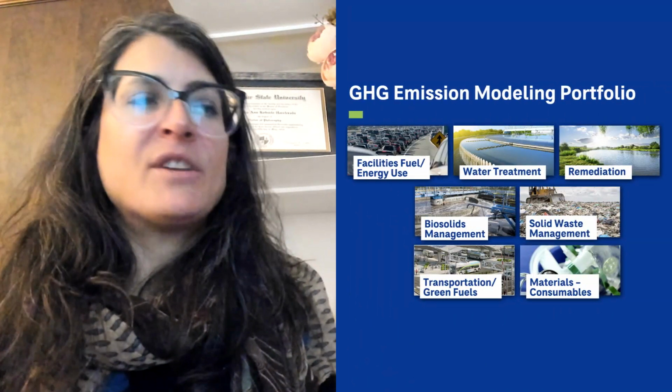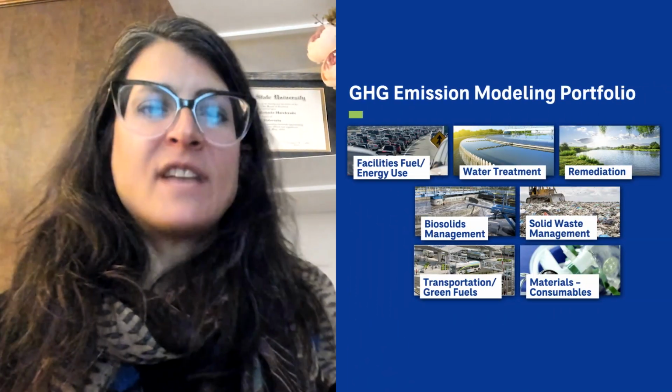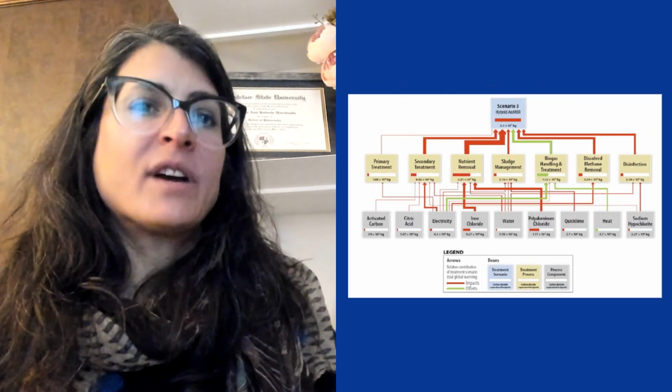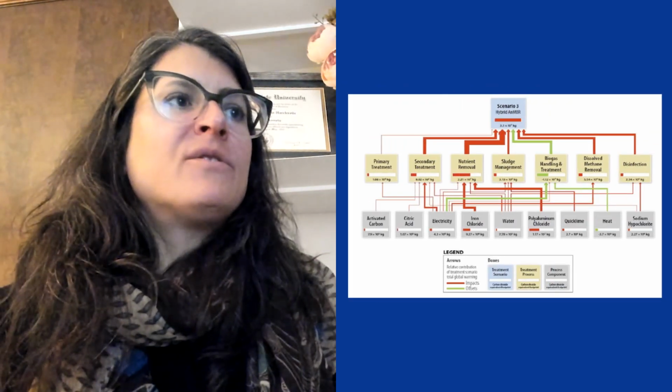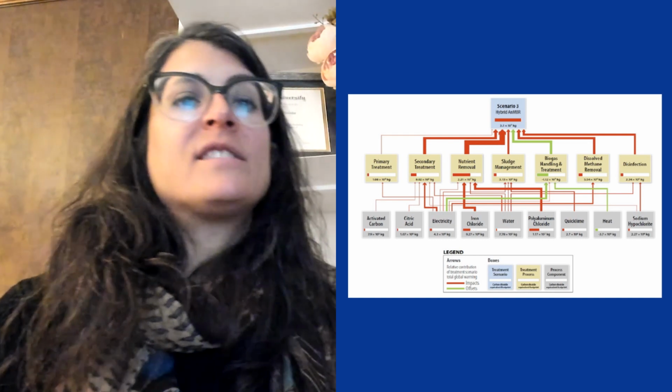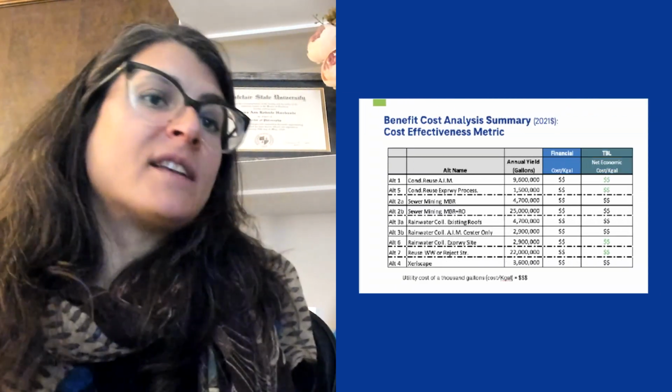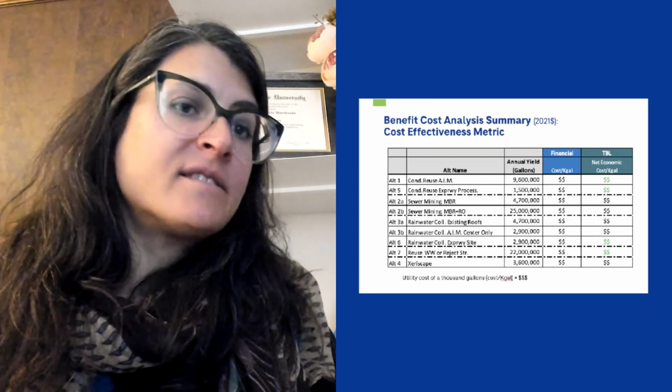So what documents or tools does this framework use? We use a few different types of tools. We have complex greenhouse gas emission models, life cycle assessment, and emission forecasting. We do financial analysis as well as environmental economics, like a benefit cost analysis.